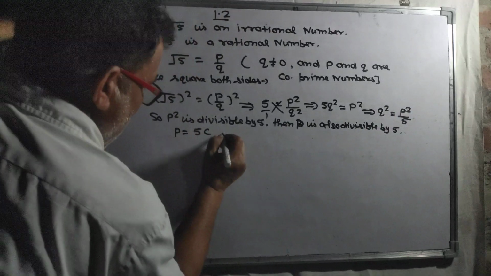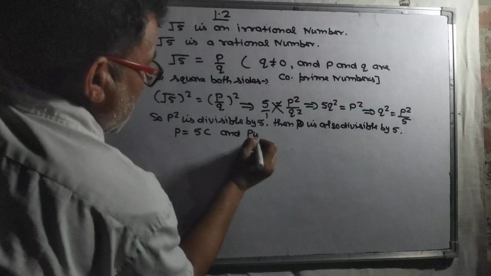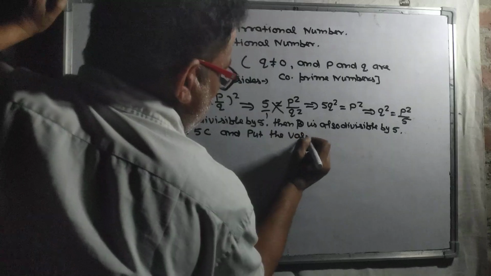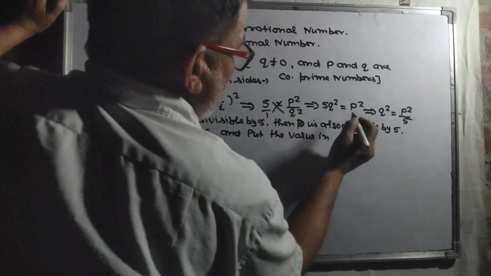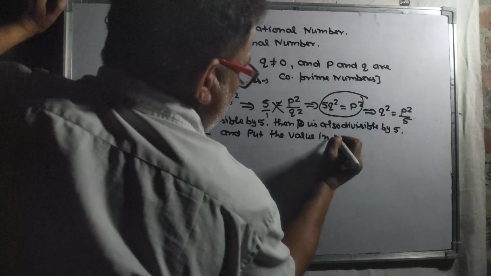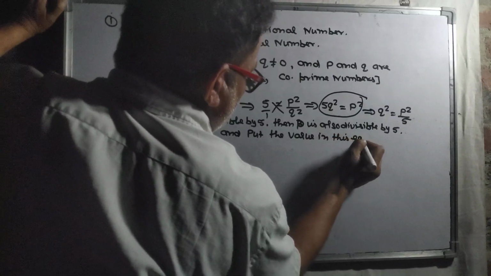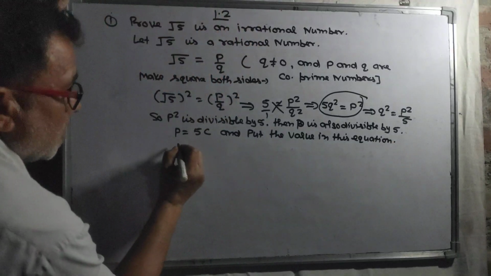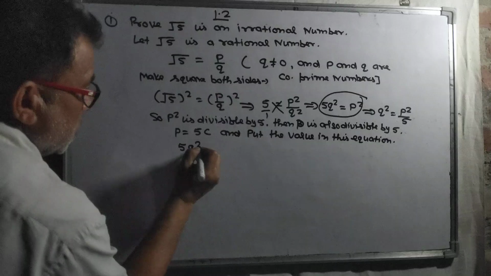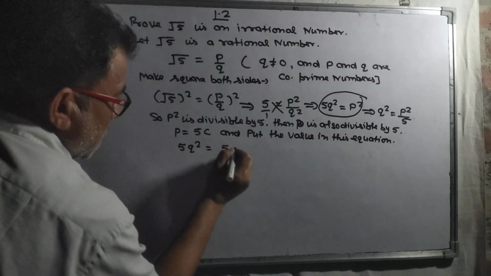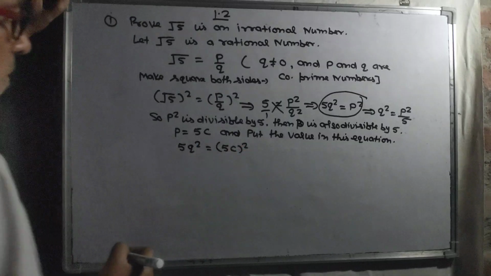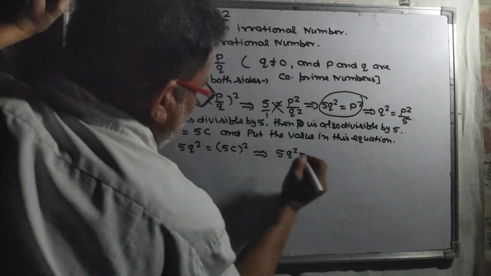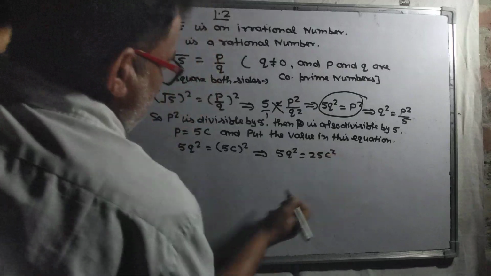Put the value p equal to 5c in this equation: 5q square equals 5c whole square, so 5q square equals 25c square.